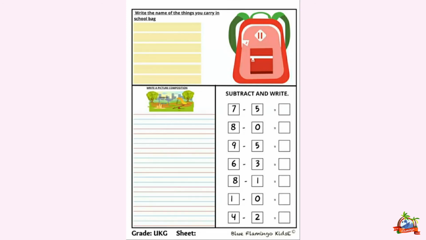You can do these on your fingers also. 7 minus 5. It will be 2. Very good. 8 minus 0. 8 minus 0 means what? Nothing. If 0 is subtracted from 8, how much will remain? 8.